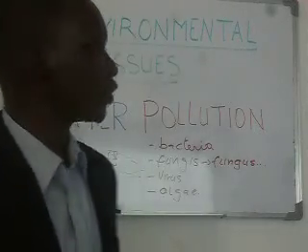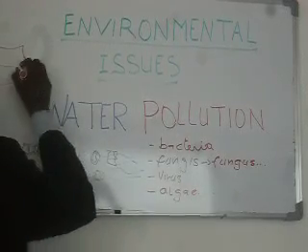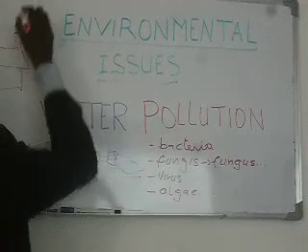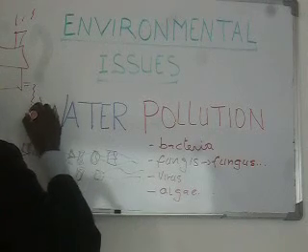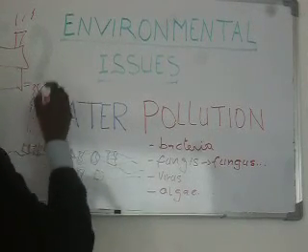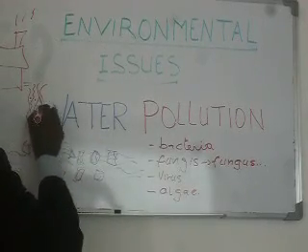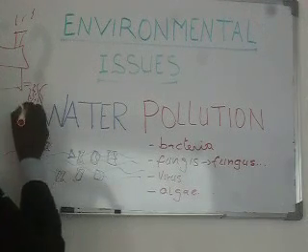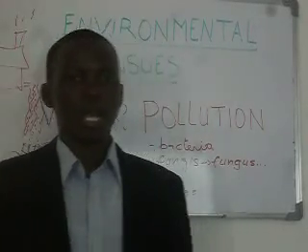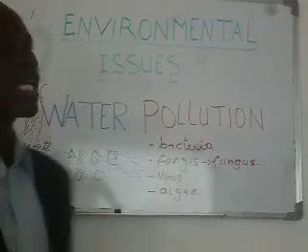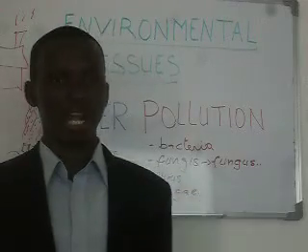We know that some industries use water, and once they finish using the water, they don't treat it, so the water flows into the lakes. This water is polluted because it contains some chemicals that are harmful to animals, to fish living in the water, to human beings, and to the environment.